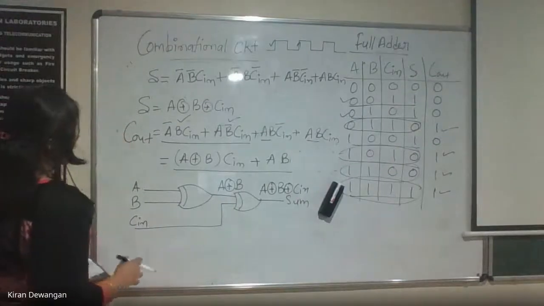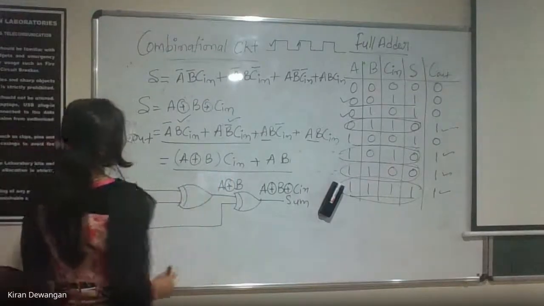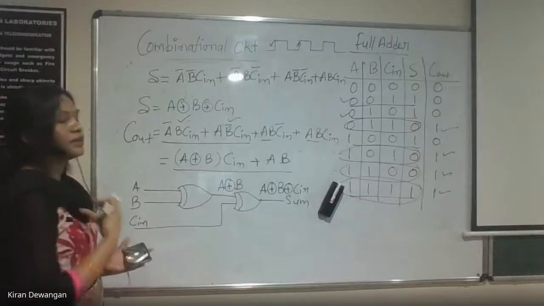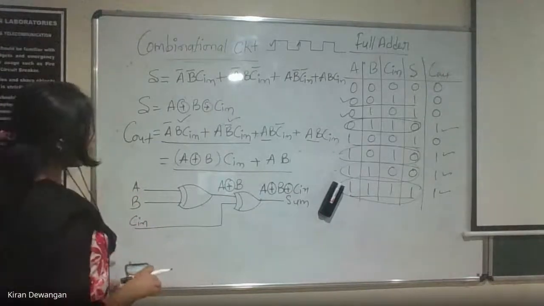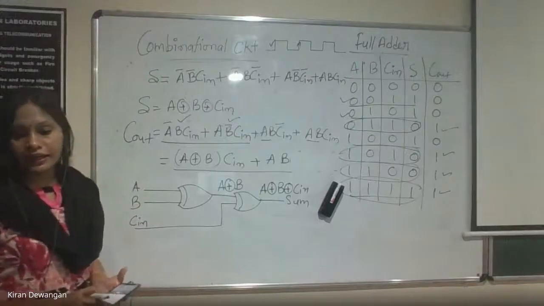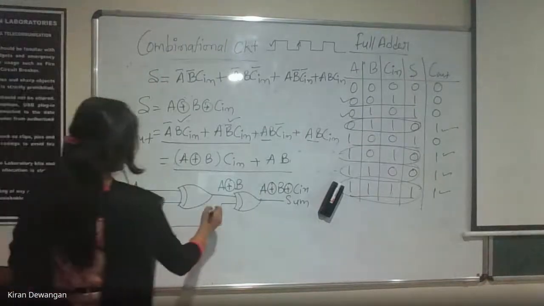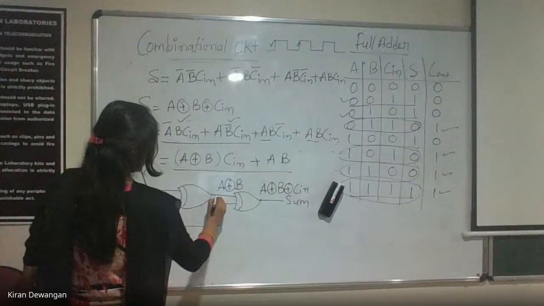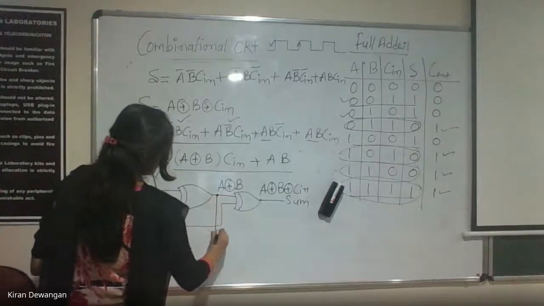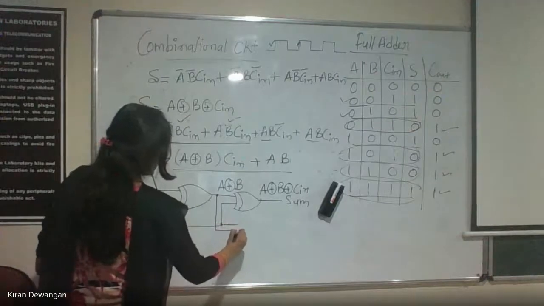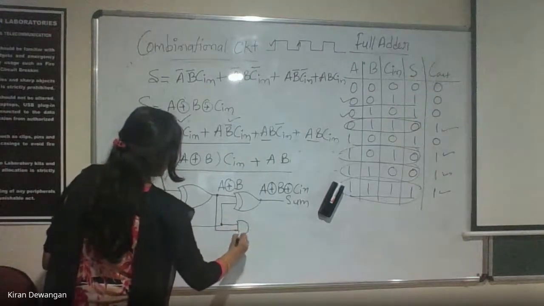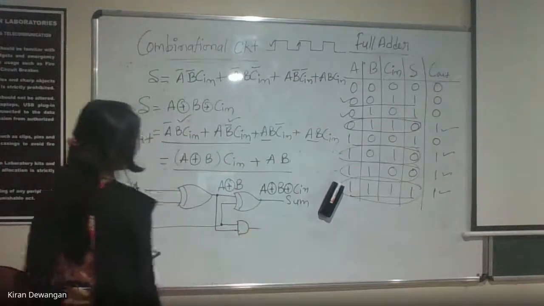So how is the carry out designed? That is A XOR B C in. What is A XOR B C in? We have an AND gate here. Okay? So from this, and this is our C in, it's given to an AND gate.